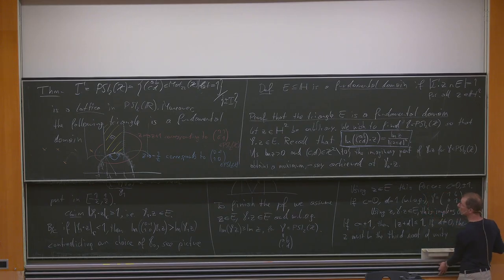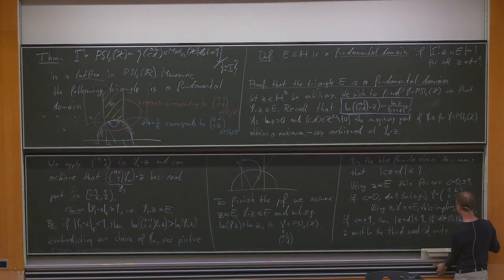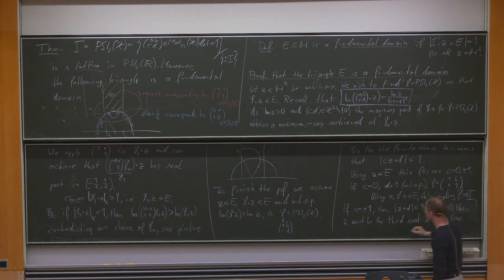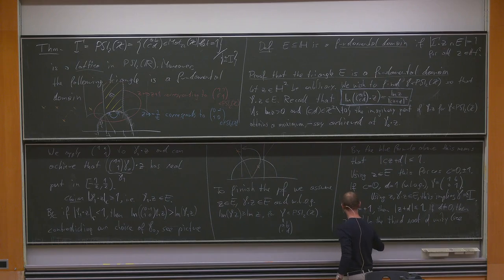Okay? This is now C picture, because all other points inside the triangle will not satisfy this inequality if D is equal to 1.